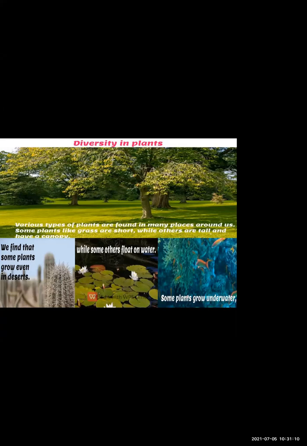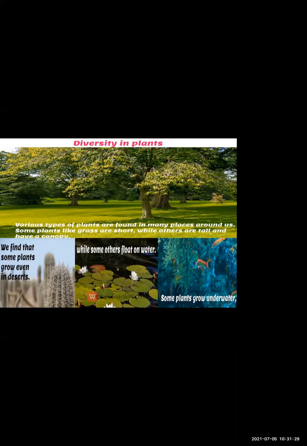As you all know, there are various types of plants found on our earth which are surrounding us. Some plants like grass are short, while in other regions the grass is taller.